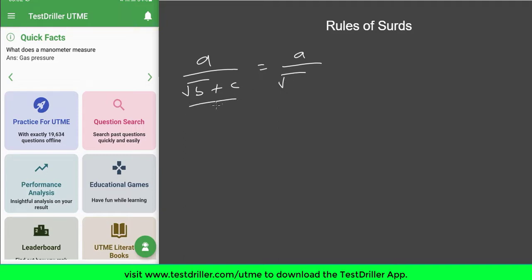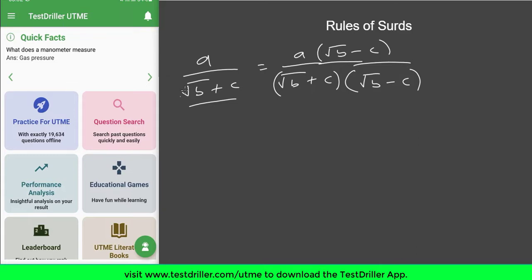We talked about conjugate surds. You take this surd and multiply by its conjugate, which is root b minus c. You just change the sign to get the conjugate. Whatever you multiply to the denominator, you multiply to the numerator. This is how you rationalize this kind of surd.